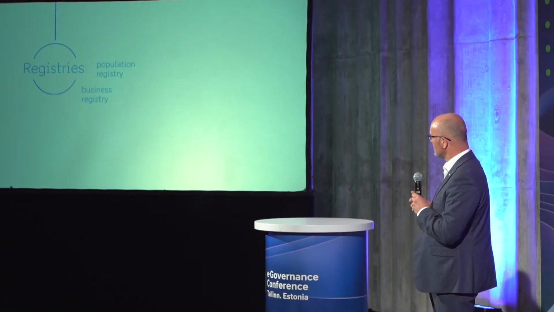They are all included in the database. And what makes it important is that every organization in this business registry is given a registration number. So this registration number of the legal person and the unique identifier of the persons in the population registry will play a huge role when we want to have an efficient e-governance ecosystem.